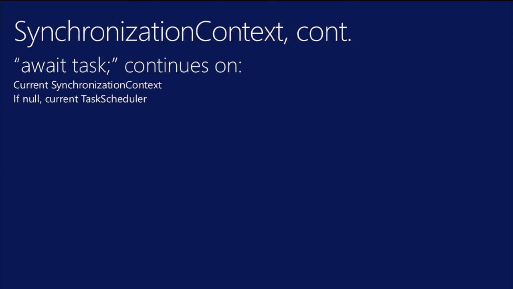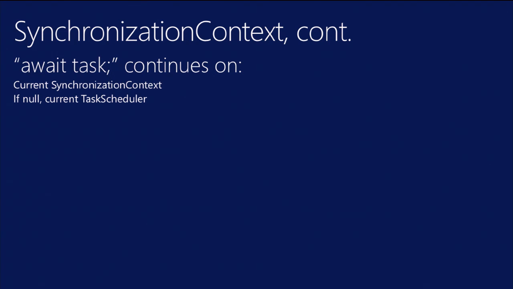And so when you say await task, when your user says it calling your API, or when you say it as a library author calling other APIs, what happens is the C# and VB compiler code gen captures the current sync context where you are, holds on to it, right? And that's where it's going to continue later. That's where it's going to come back to. When you finally wait 10 seconds for the download to complete and we come back, we might come back on some other thread, some IO completion port or something.